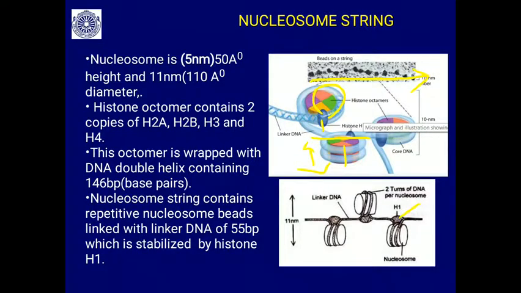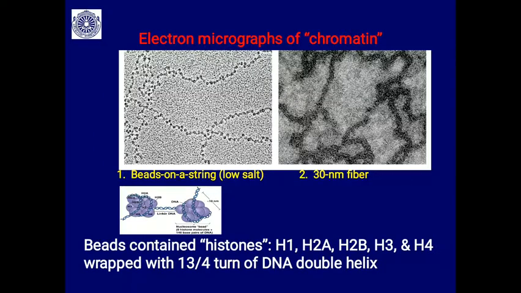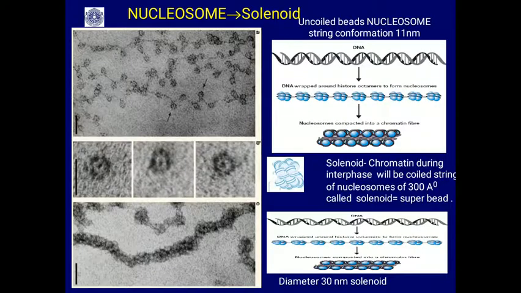You will find H1 here. In this electron micrograph you can see the string of nucleosomes, further folded to form a 30 nanometer fiber. The beads contain the histone octamer wrapped with 2 turns, actually 1/3 turn, of DNA double helix containing 146 base pairs. So from the nucleosome string, it is folded to form a solenoid structure.